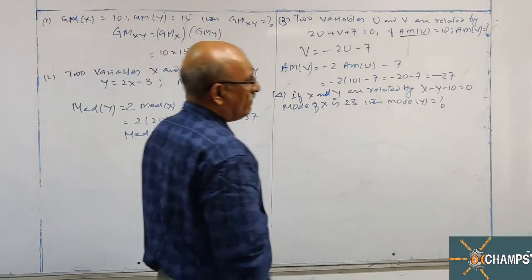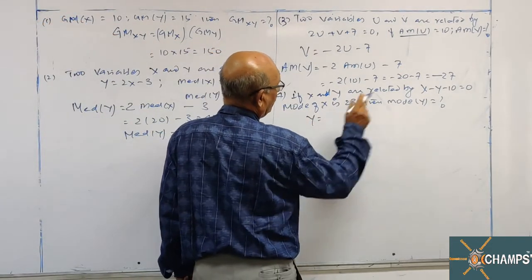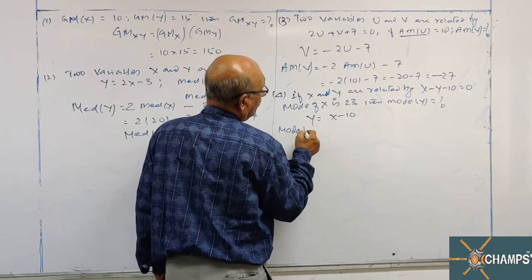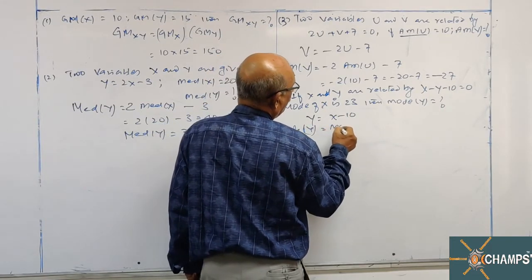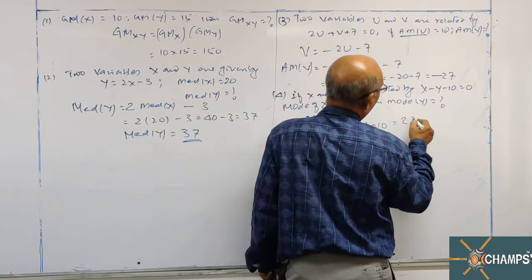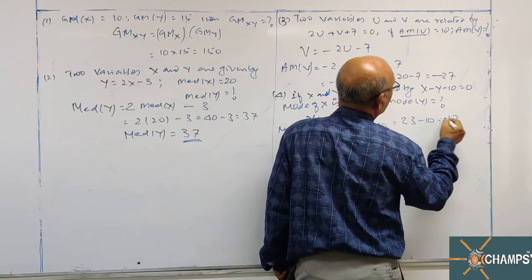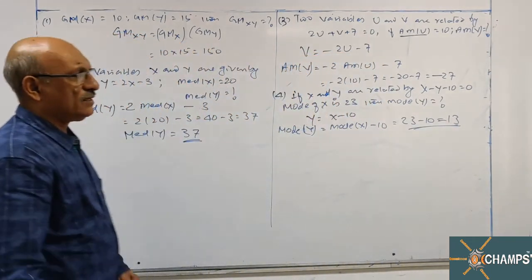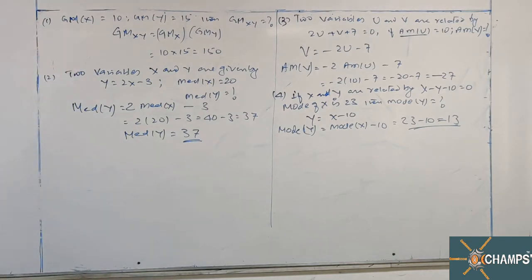Mode of y is equal to mode of x minus 10, 23 minus 10, this is 13.